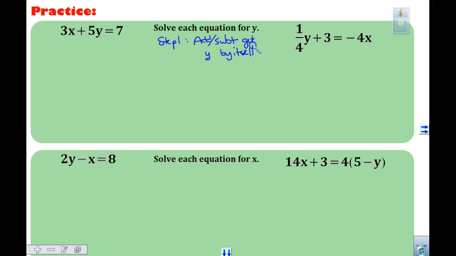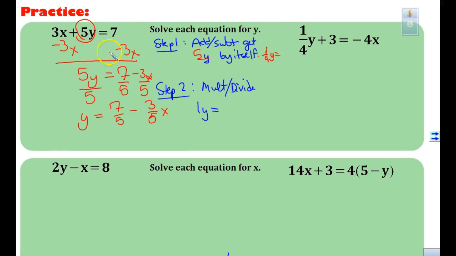So start trying this, because I'm going to have people come up and do this on the board. Step 2 is going to be, you're going to either multiply or divide to find 1y equals, because that's my final goal. So try it right now.